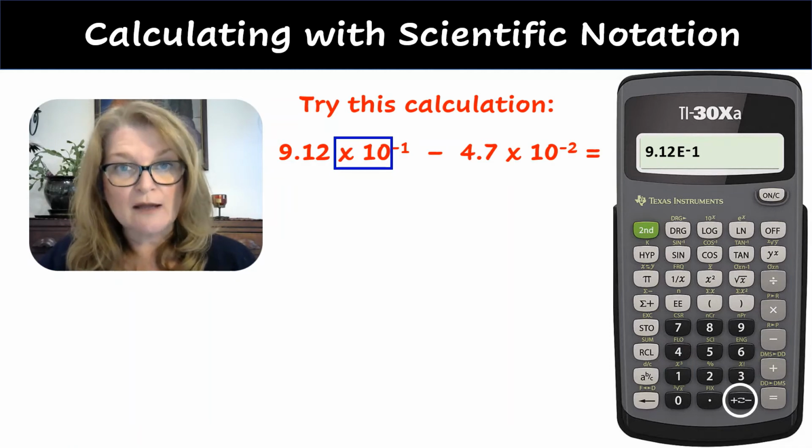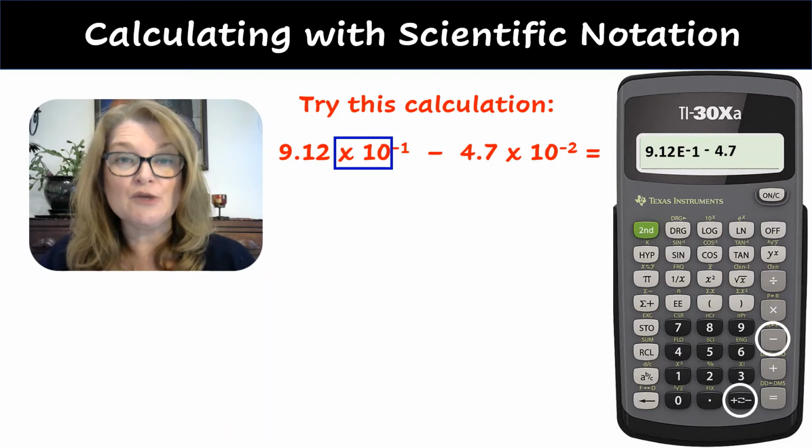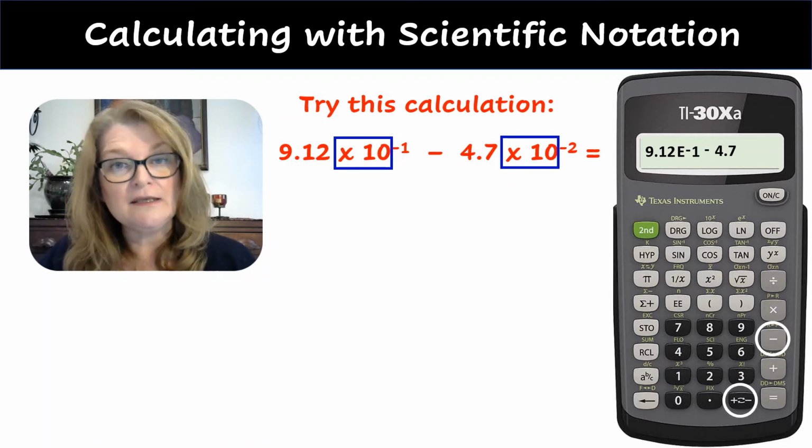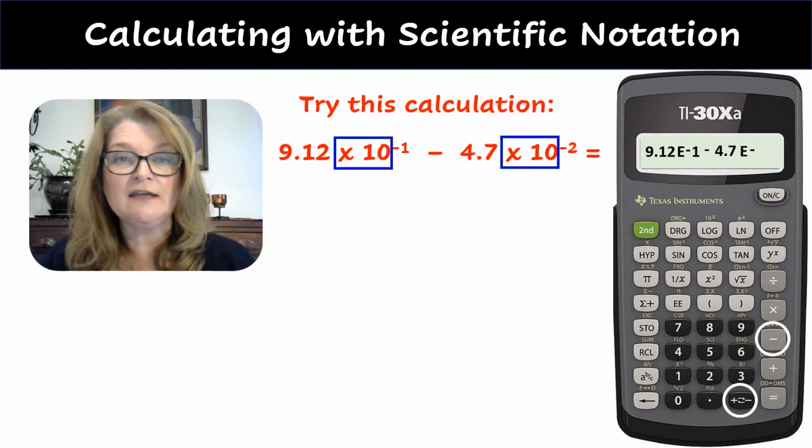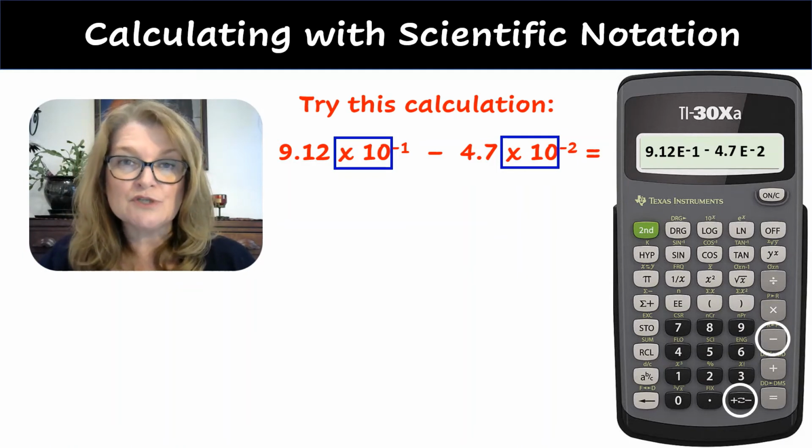Now we're going to subtract, so here we are going to use the subtraction button. Then we're going to enter the next coefficient, 4.7. We come to another times 10, which we enter by using one button, the EE or the EXP button. We do another negative sign, and we add the exponent of 2.